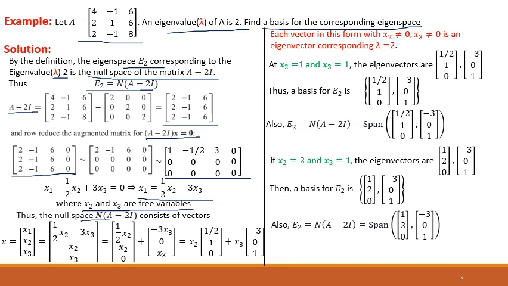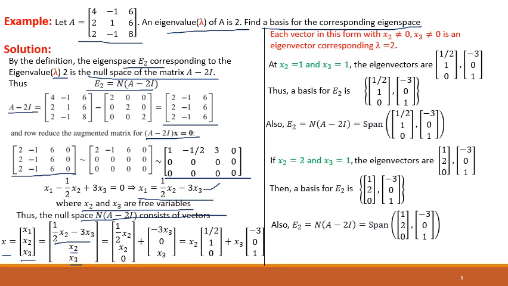The null space of A minus 2I consists of vectors, so we will find the value of those vectors. This is our vector x, and these are its elements x1, x2, x3. The value of x1 is equal to this, which we have calculated here. x2 is a free variable and x3 is also a free variable.